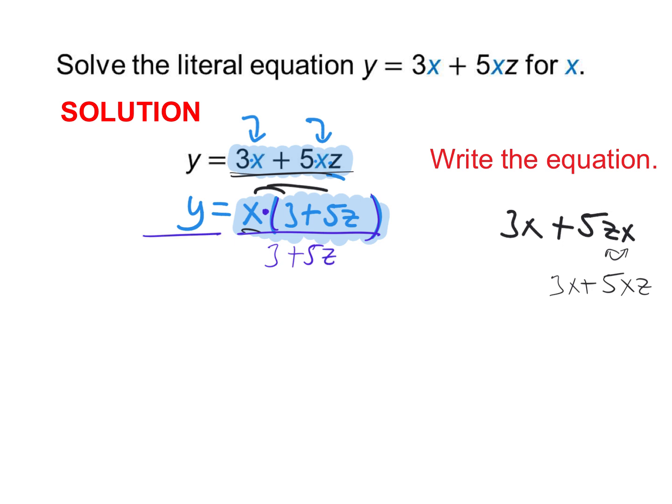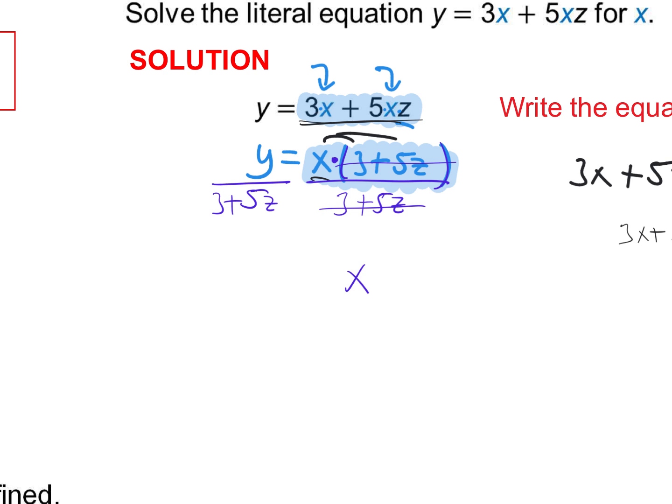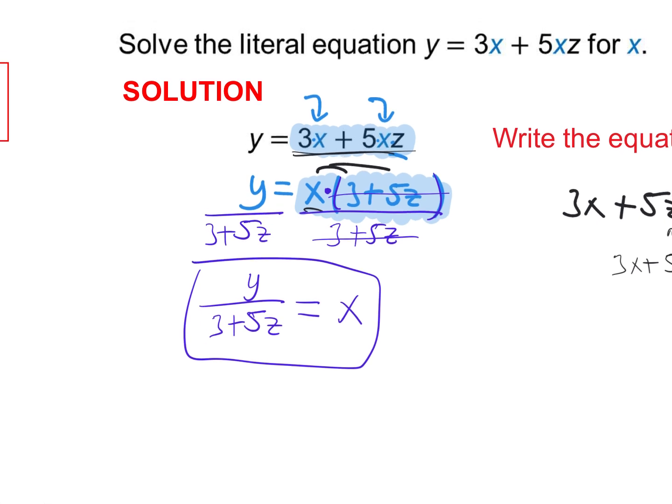It's not the prettiest thing, but when you divide it by itself, it cancels out. So we still get our x equals y divided by 3 plus 5z.